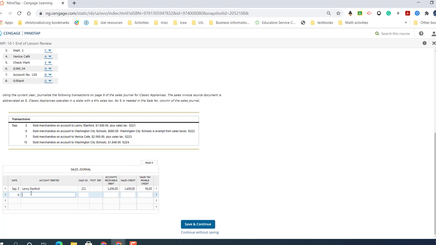This is going to go to Washington City Schools, and there is no sales tax on this one because this is a school. Therefore columns 1 and 2 are going to be equal, and that is going to be the 680. That third column is going to be blank.